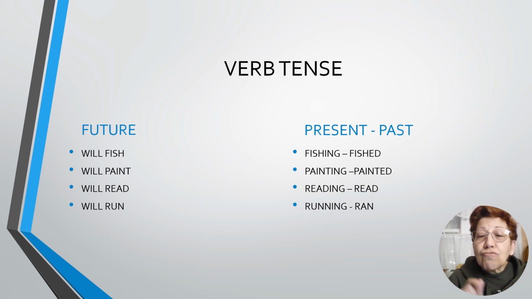I will read the book. Now let's look at the past. Okay, now let's look at past. It says R-E-A-D, but we're going to say it differently. It's going to be red, and you have to memorize it.